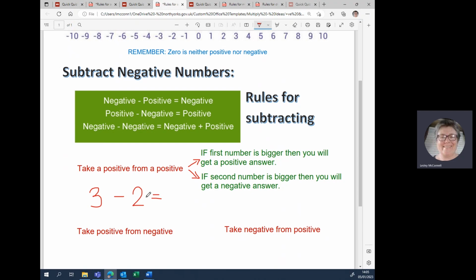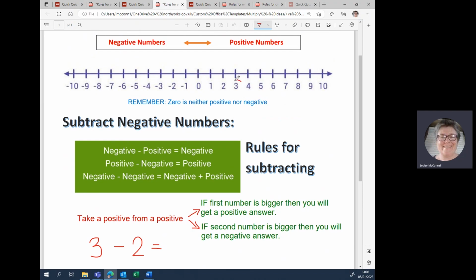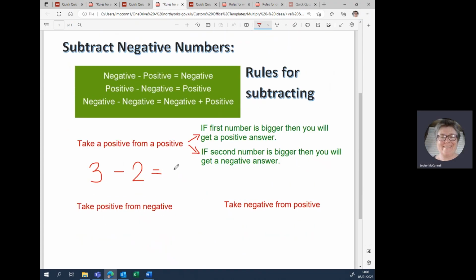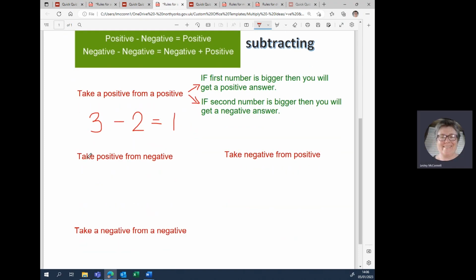This 3 is bigger than this 2, so we should have a positive answer. 3 take away 2. 1, 2 gives us positive 1 as the answer. Let's have a look at the next set. Take a positive from a negative.